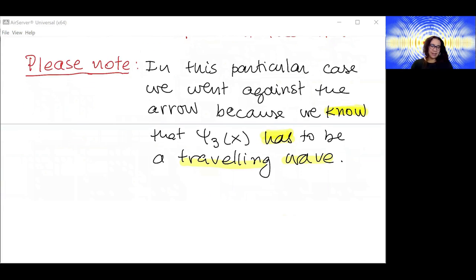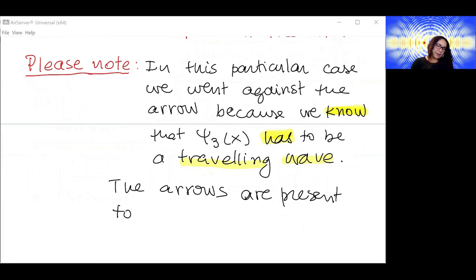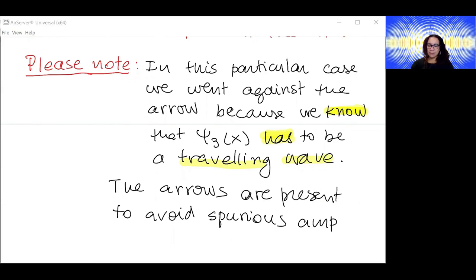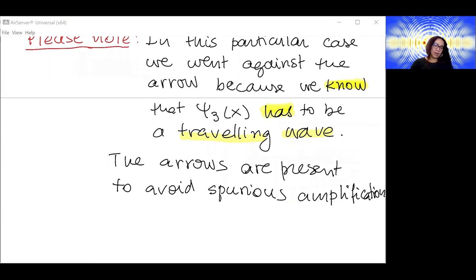And normally, the arrows exist or are present to avoid spurious amplifications on the other side of a turning point.